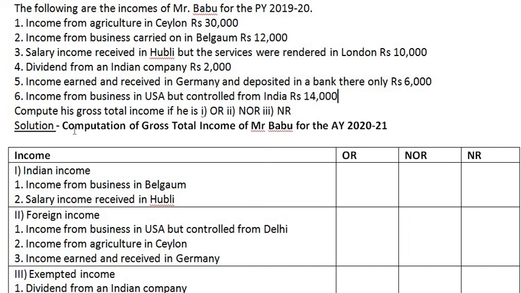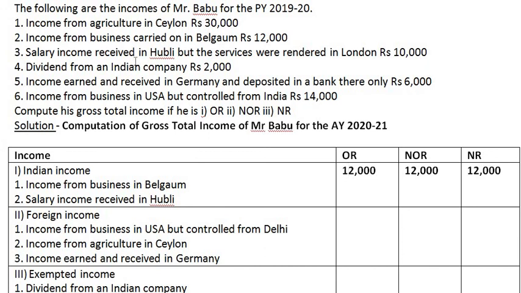So after marking, we get to know the first Indian income given in the sum is income from business carried on in Belgaum. So we are taking this amount, that is income from business in Belgaum, which amounts to rupees 12,000. As it is an Indian income, it is taken in all the 3 columns, or it is taxable to all the 3 residential statuses, that is ordinary, not ordinary and non-resident.